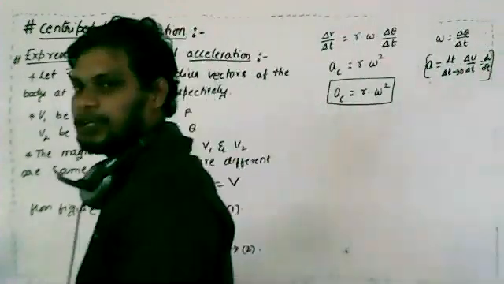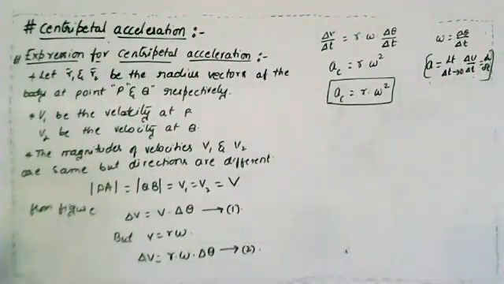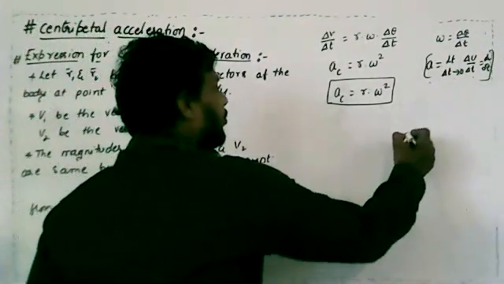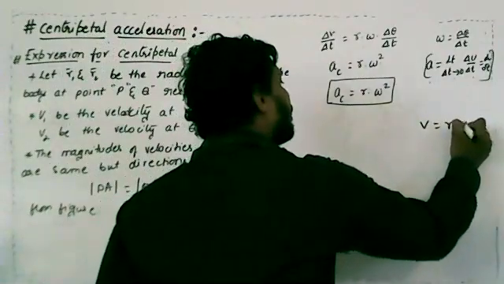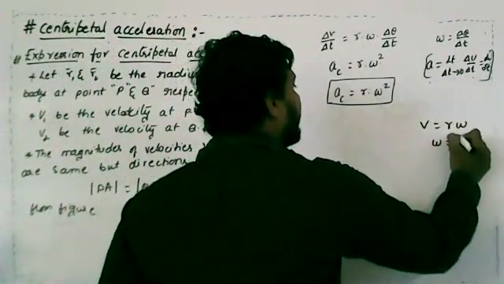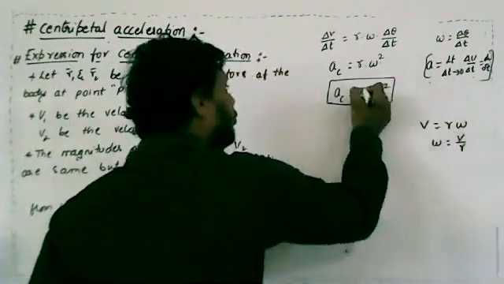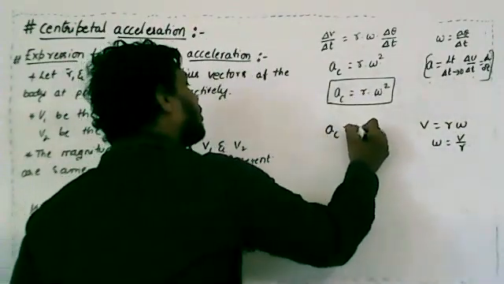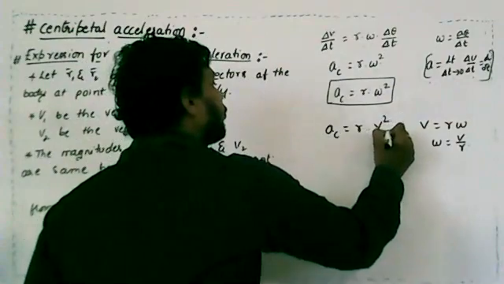Clear? So the expression for the centripetal acceleration is what, ma? R into omega square. Okay. Now this can also be modified as, we know that V is equal to R omega, or else omega can be taken as V by R. Substitute this value here, then AC is equal to R into V square by R square.